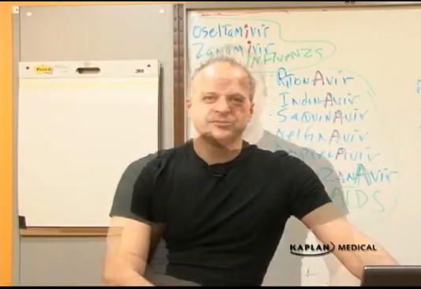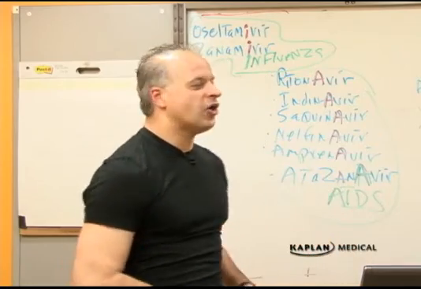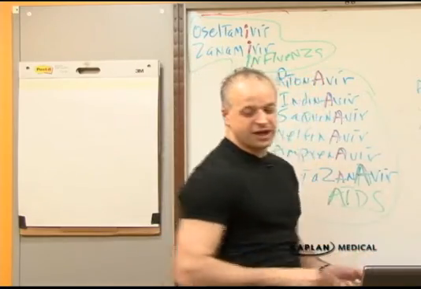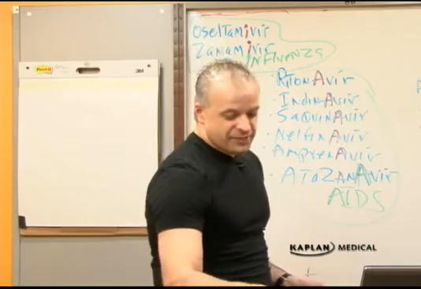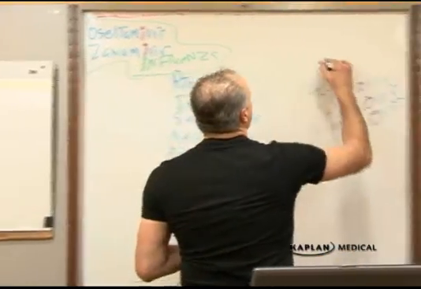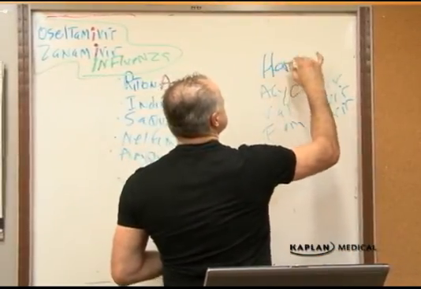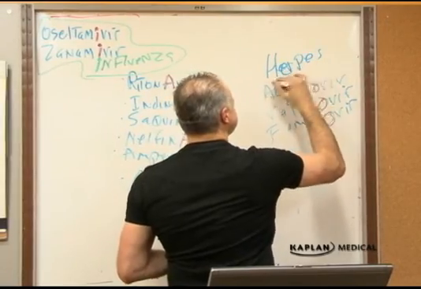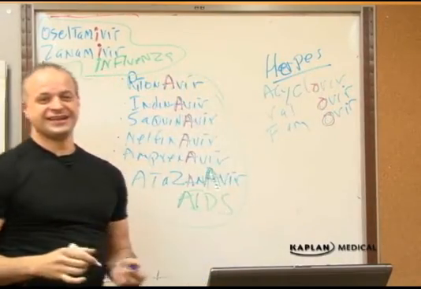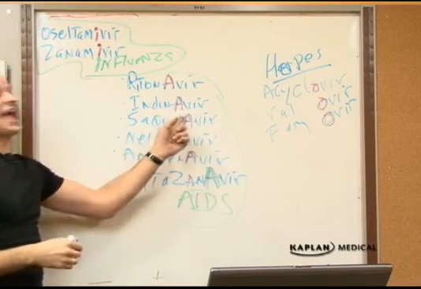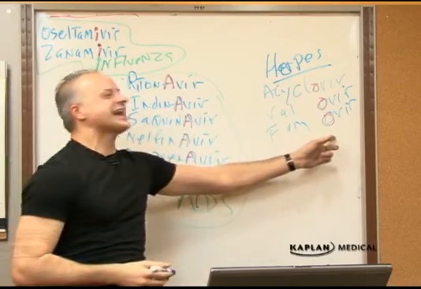Now, what about the -ovir drugs? What do you think about? You think about, oh shit, I got herpes. I for influenza, A for AIDS, and oh shit, man, I got herpes.